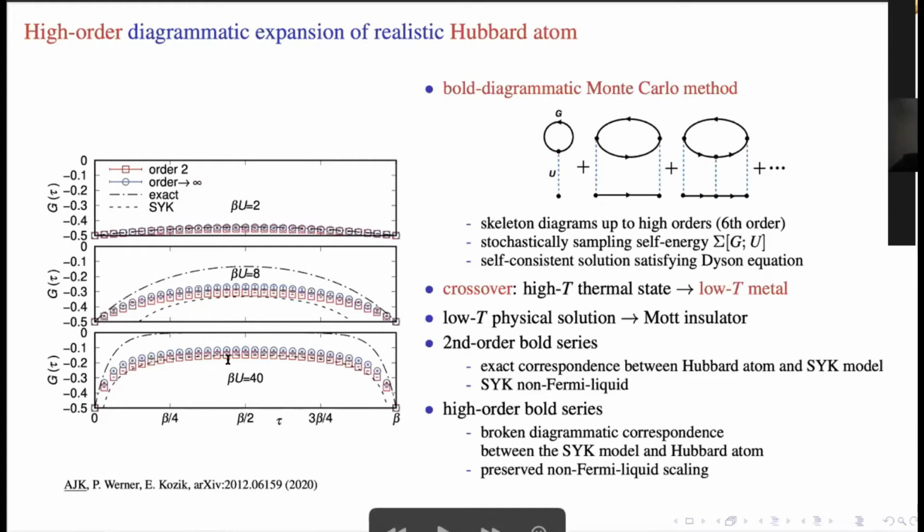And this is definitely a metal, as you can find at the G(beta/2) value here. And it is definitely away from the exact value of the Hubbard atom at low temperatures.